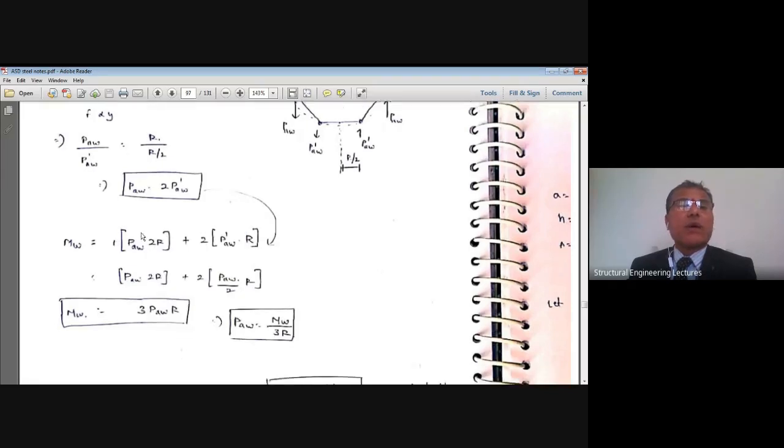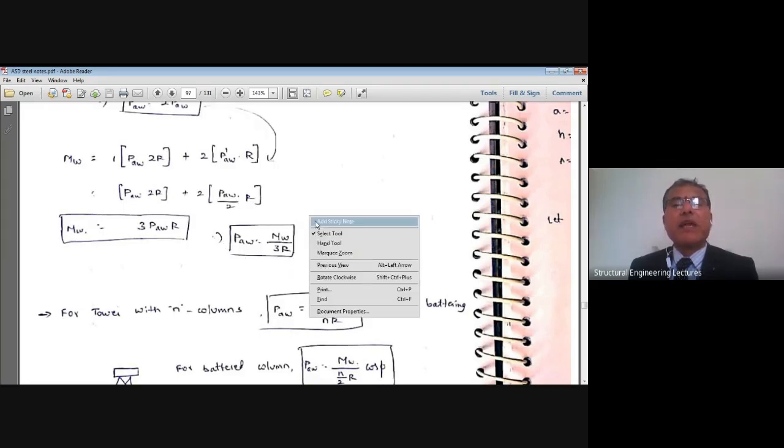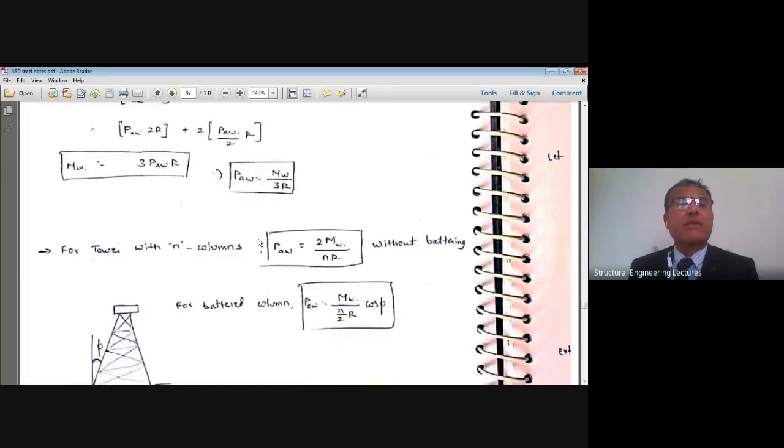That is how I get M_W equal to 3 P_AW R, or additional axial thrust or additional axial load in the column due to wind is M_W divided by 3R.